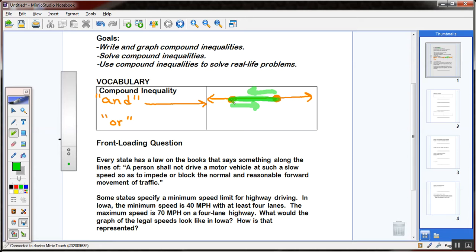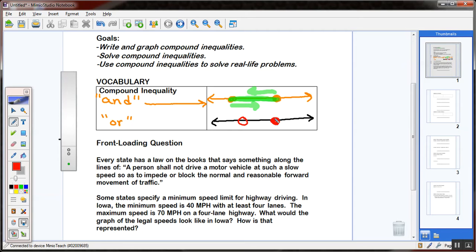Another compound inequality situation that you're going to run into is going to look like the following. Anytime you use the conjunction or to describe inequalities that we're going to look at today, and this will make better sense as we get into the examples, you might have something that looks like this graphically. You might have a number here, and you might have a number here.